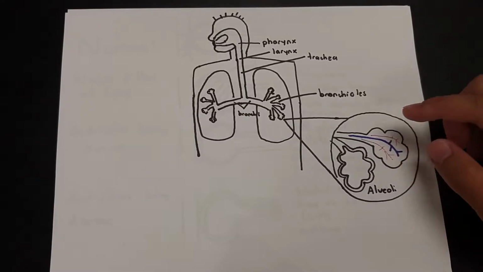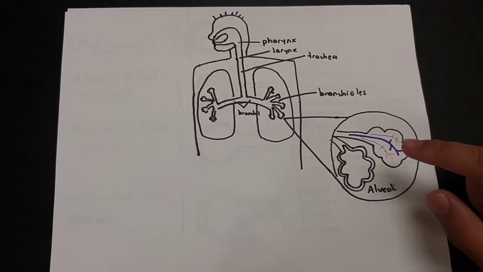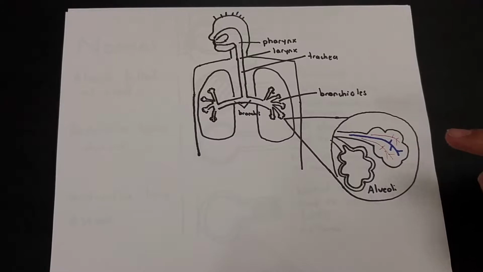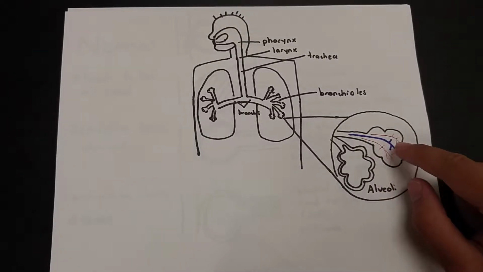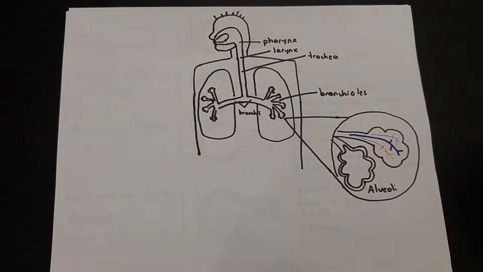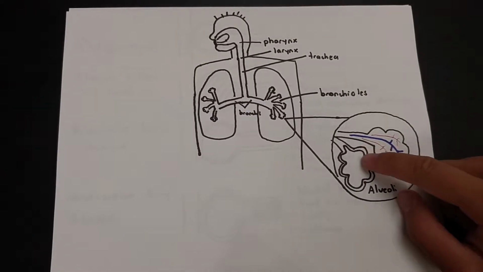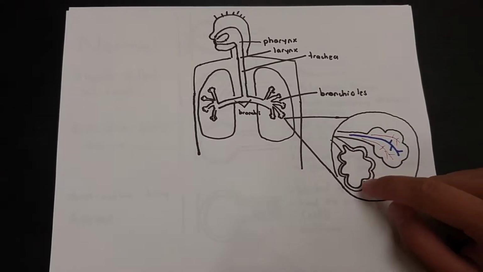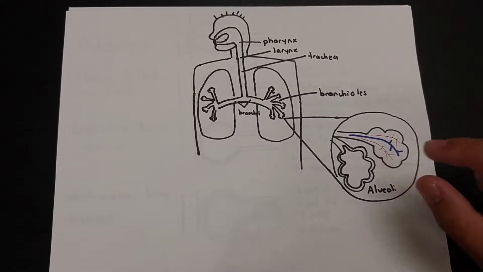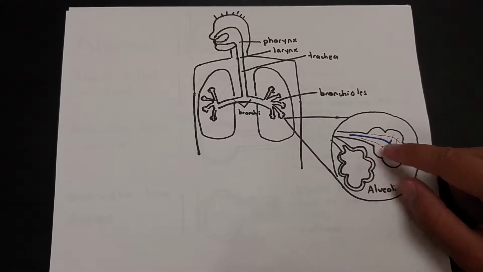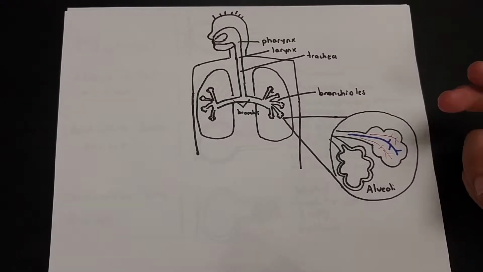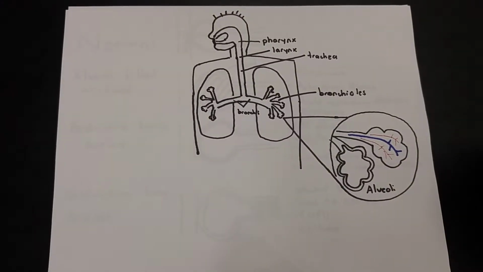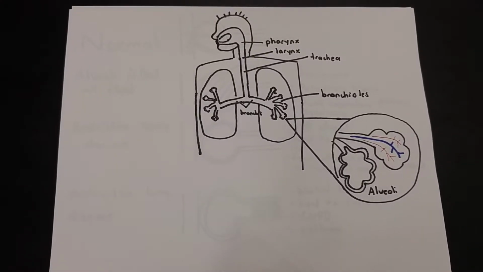Here is where the gas exchange occurs, and it has a blood supply of tiny veins and tiny arteries. In the air sac, the membranes are very thin, so the air can directly diffuse across the membrane into the blood vessel, where it gets oxygenated and can get pumped to the rest of the body. So that's how it works.